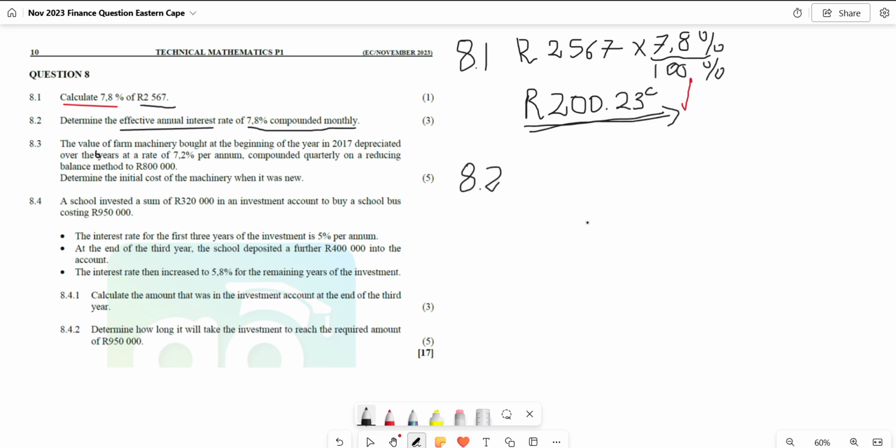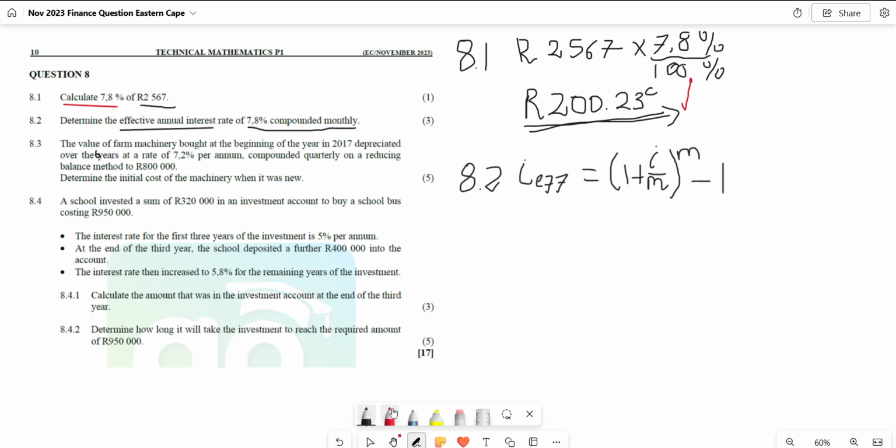If you go to the formula sheet, the formula to determine the I effective says: I effective, which is the effective interest rate, is equal to, in brackets, 1 plus I divided by M, close bracket, all to the power of M, minus 1.